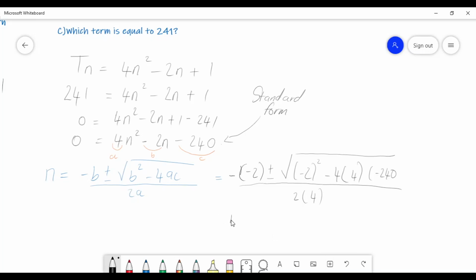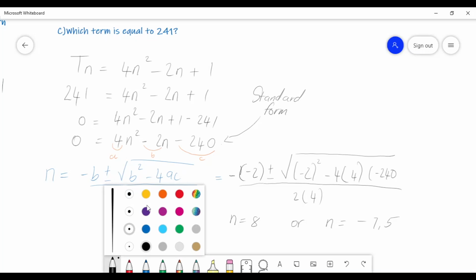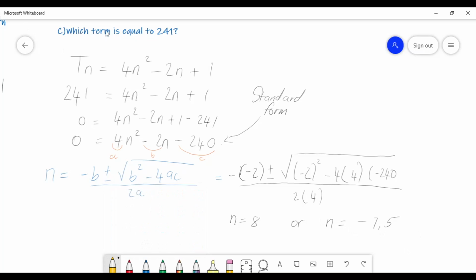You get n is equal to 8, right? Or n is equal to negative 7.5, right? Guys, this is where you're supposed to have your light bulb moment. We are trying to determine which term is equal to 241 on the sequence.